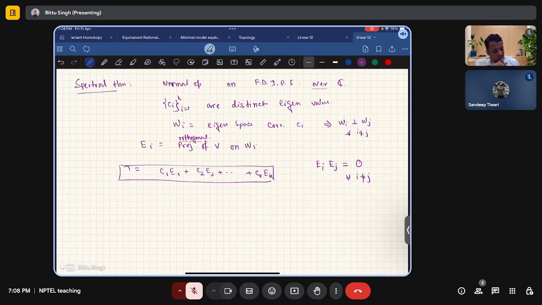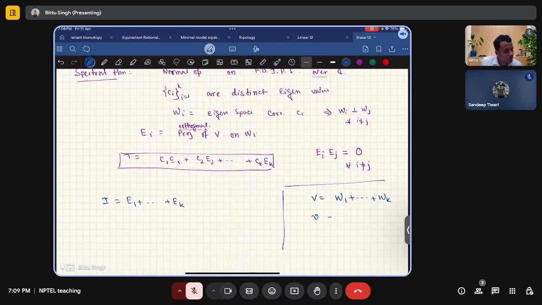From here it can be seen that the identity operator I can be written as E1 up to Ek, because we already know that any vector V can be written as a sum of W1 up to Wk, which make up the whole space.